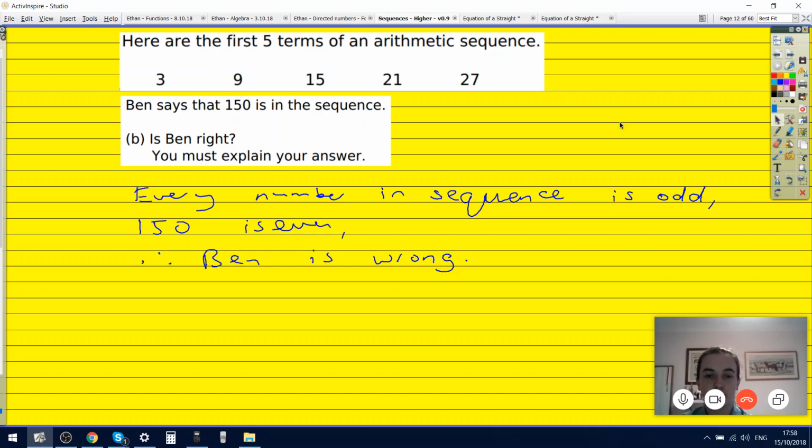What if it wasn't? What if this was an odd number? How would you go about solving this one or figuring it out? Would you do the nth term and then sub it into that? So nth term and then equate it to that, and then try to solve it, yeah.